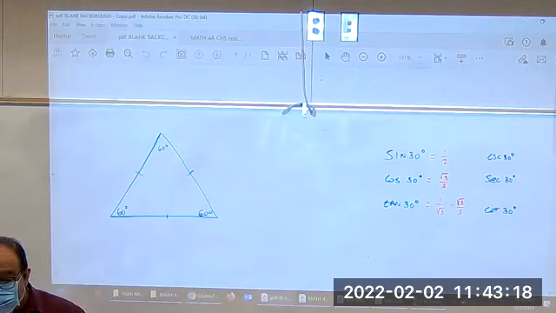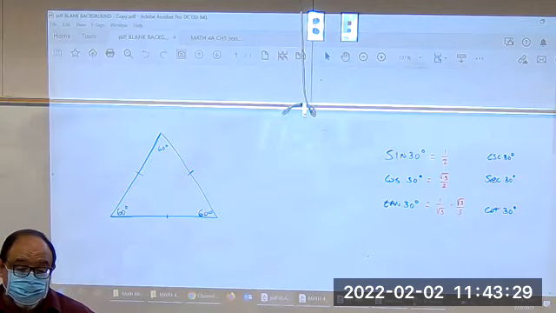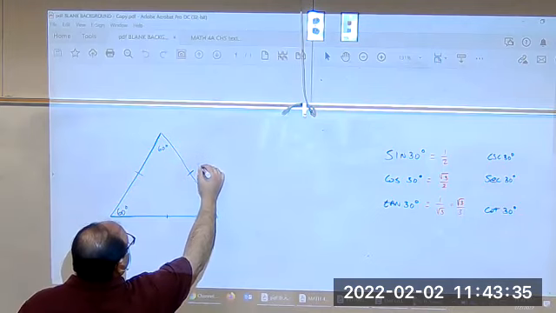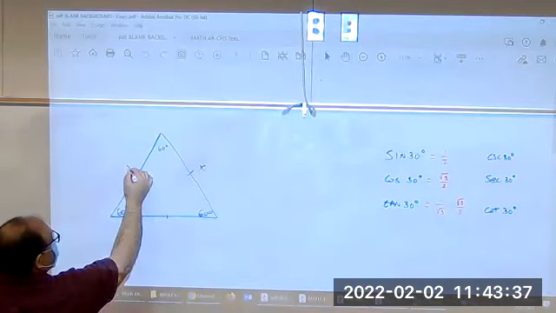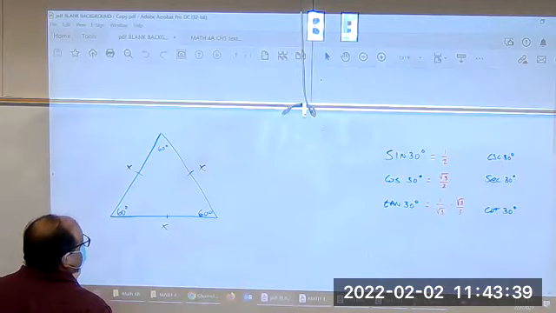But what if that only works if it's a 10? Then I try 12. Well, what if it's only 10 and 12? Then I try 18. What if it's only 18, 10, and 12? When you say always, you need to show that it works for any number x. So that's an x, that's an x, that's an x.